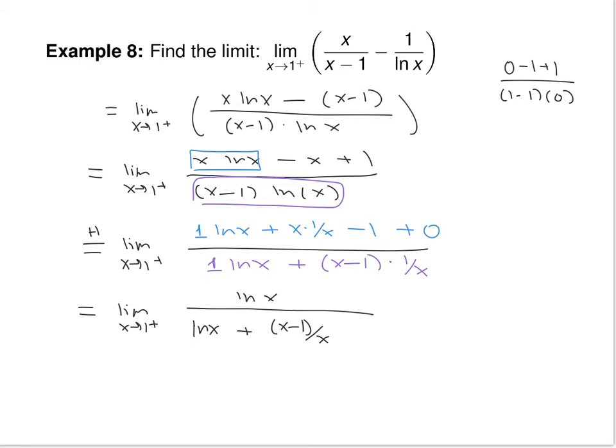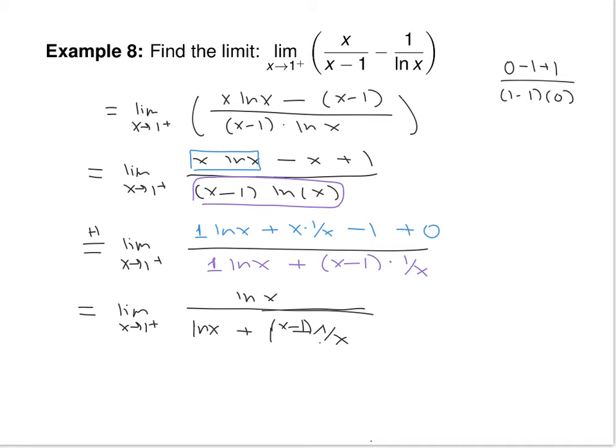Actually, let me change that denominator ever so slightly. Let's make that denominator into 1 minus 1 over x. Is that okay? Because I just took this 1 over x and distributed it. 1 over x times x is 1. I think it's still 0 over 0.